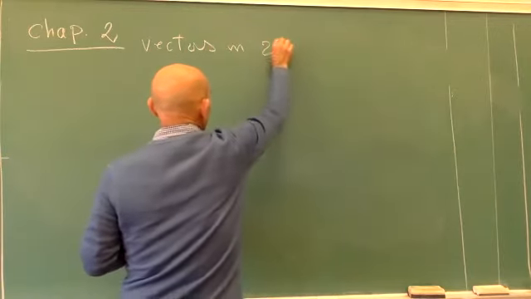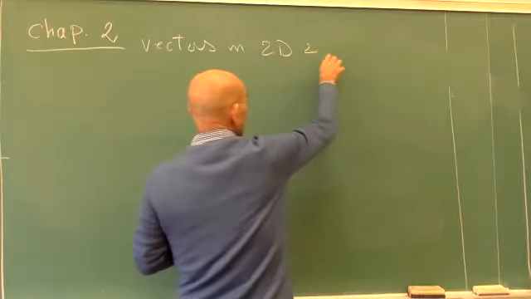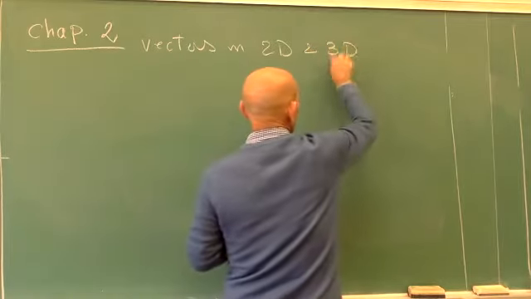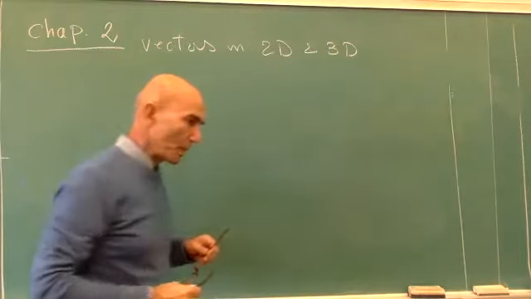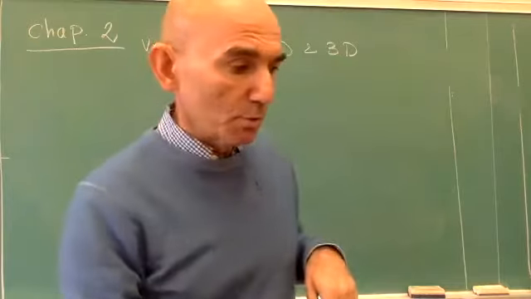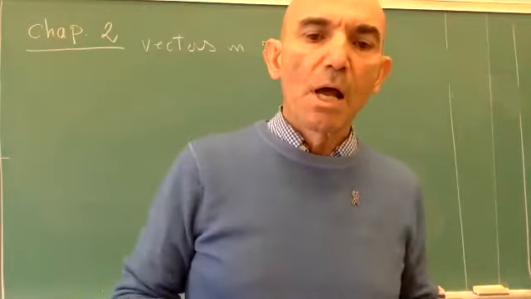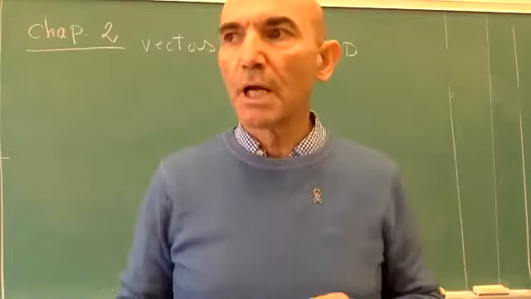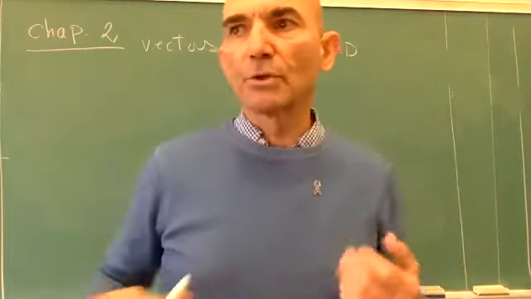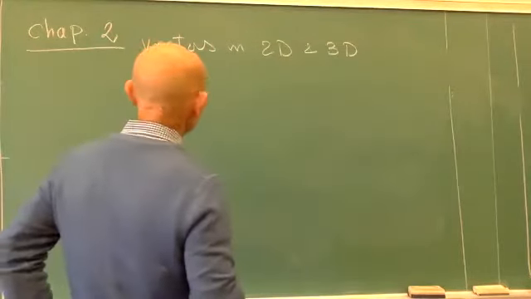When I write 2D, I mean 2 dimensions, and 3D, I mean 3 dimensions. So we are going to recall some of the basic notions. What is a vector, and what can you do with vectors, and why we need vectors, why they are useful, stuff like that.